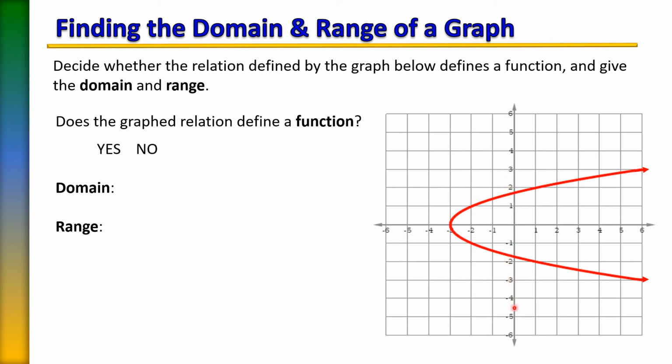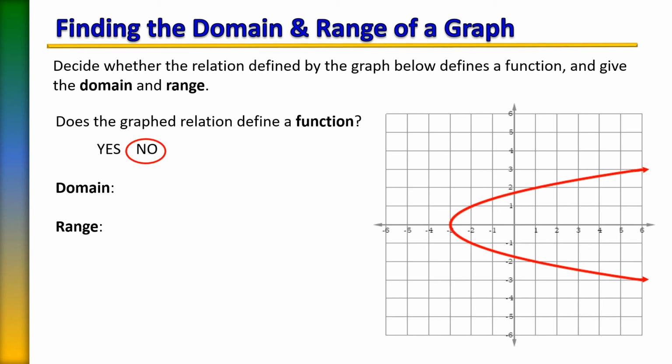And we only need to draw it once because what you notice is that you are hitting the graph twice. So anytime that the vertical line test intersects the graph in more than one point, then it is not a function. So this graph is not a function.